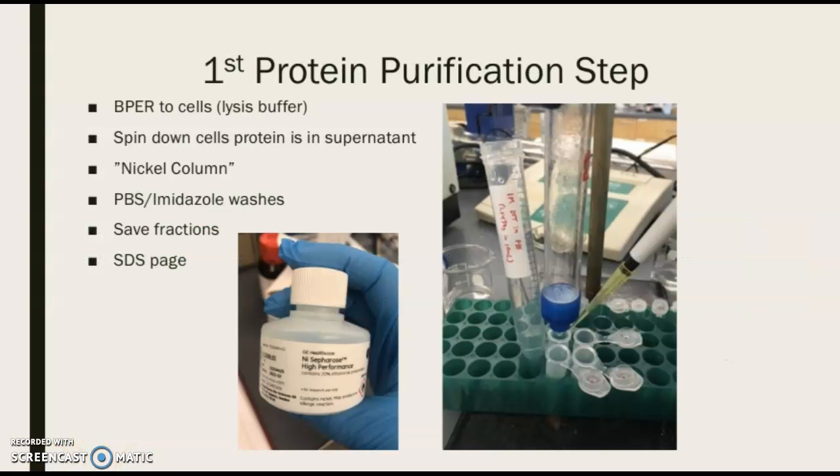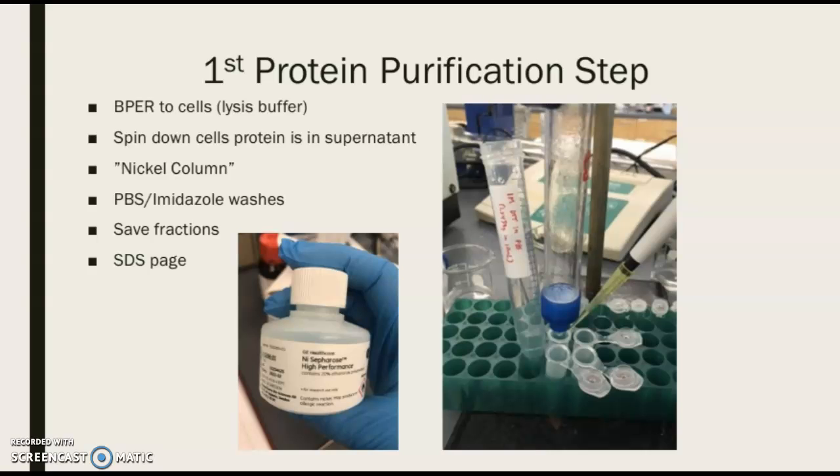So once you have cells that are expressing your desired protein, in our case FAS, we use BPER, which is a lysing agent. This just breaks open the cell and allows the contents to be expelled. This is then spun down, and the protein will then be in the supernate, which is then put through the nickel column, which I'll go over the mechanism of in the next slide.